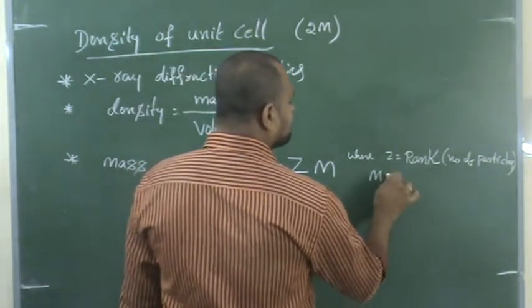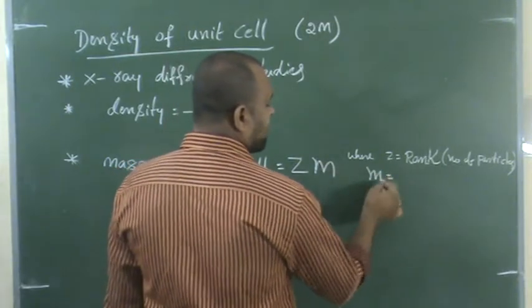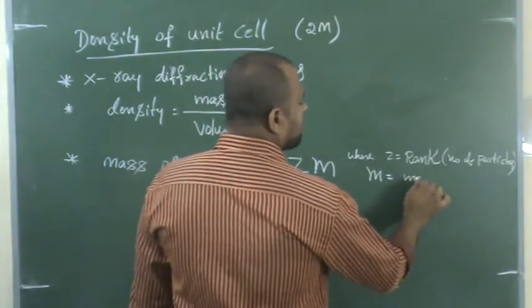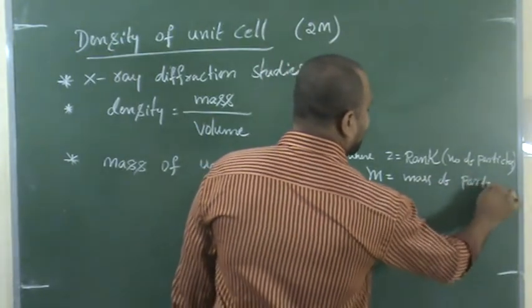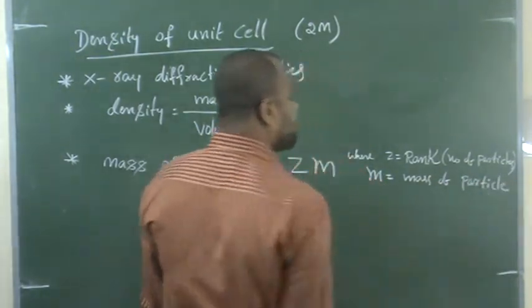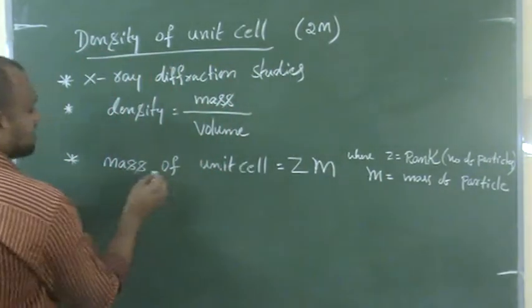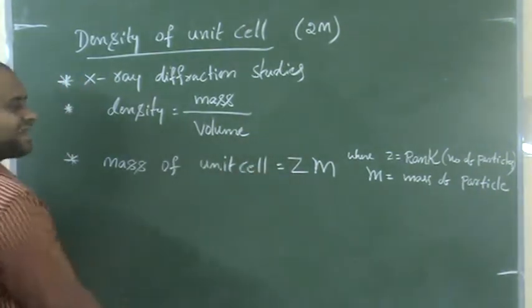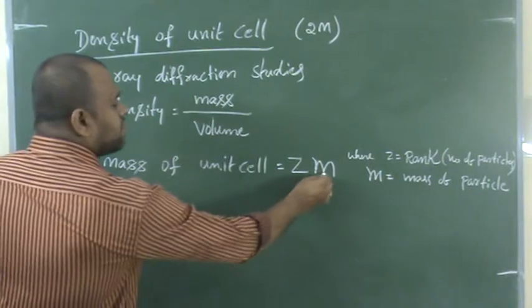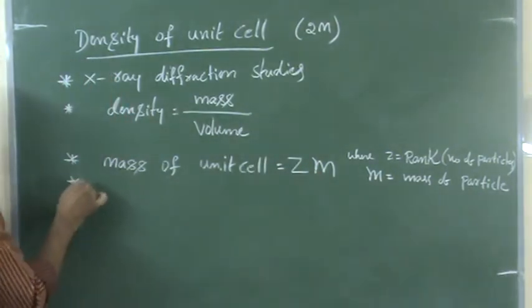Small m is equal to the mass of a particle. So, the mass of the unit cell is equal to the number of particles, that is Z, into the mass of one particle. Okay, next.